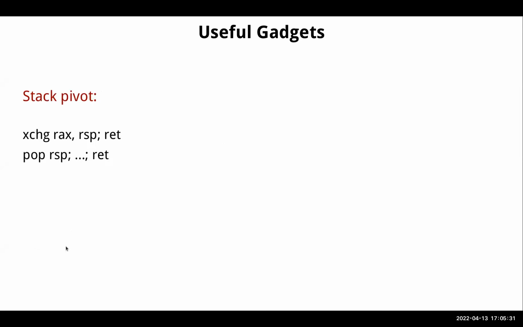Also, here is a very interesting gadget. In ROP, the attacker still needs to control the stack. But what if our ability to control the stack is limited? For example, we can only overwrite 20 bytes on the stack, but we need much more space there. So how do we do that?